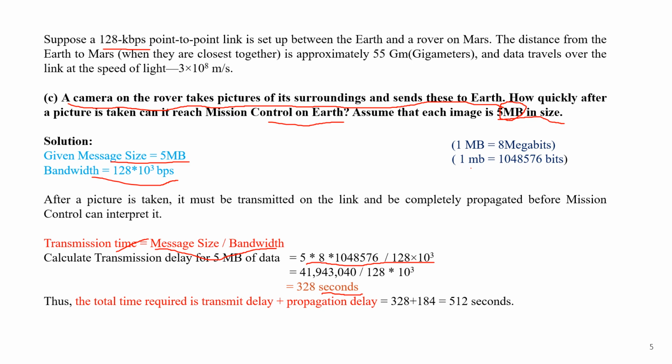This is how I have represented the message, divided by the bandwidth, which is 128 into 10 to the power of 3. When you multiply 5 into 8, it is 40. 40 into 1048576, you will be getting 41,943,040 divided by 128 into 10 to the power of 3, which is nothing but 328 seconds.